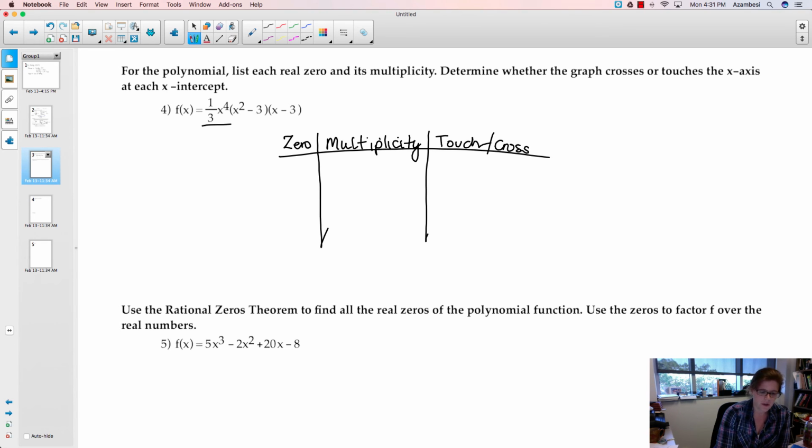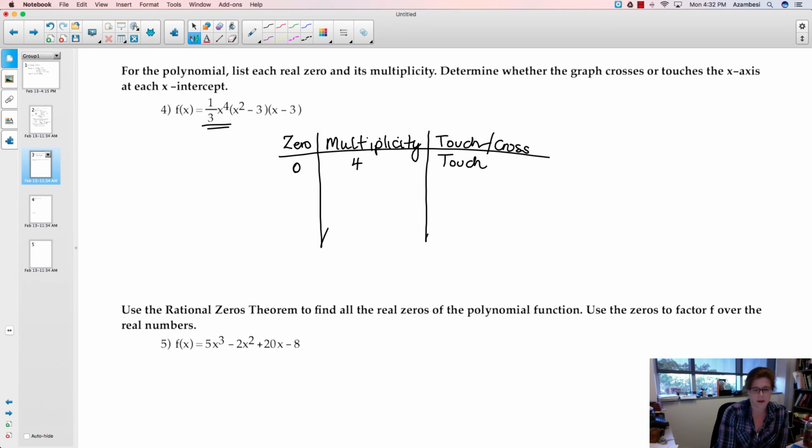So if I look at the first part, 1/3 x to the 4th, if I set that equal to 0, I get x to the 4th is equal to 0, or x is equal to 0. So here is my first 0. Multiplicity, remember, is the power, and whether it touches or crosses is based on that multiplicity. So even numbers touch, odd numbers cross, which means that this thing would touch at that 0.